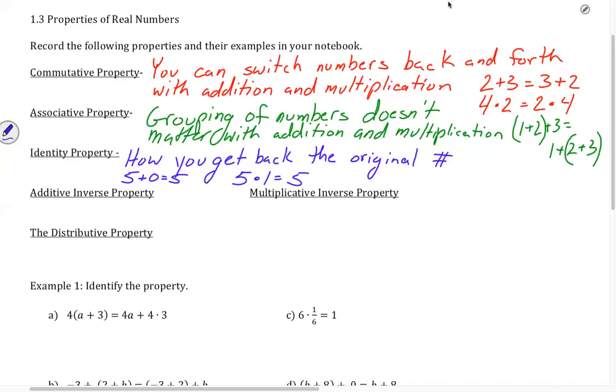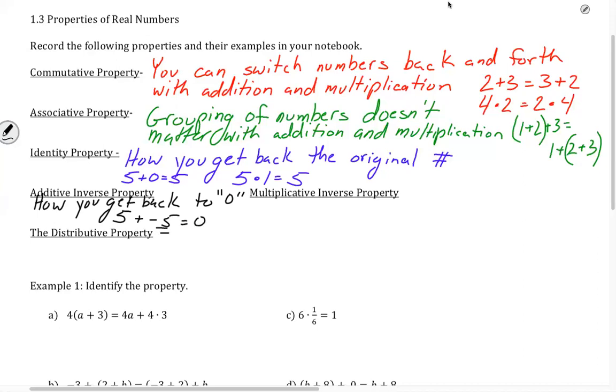So going along with that, the additive inverse is, in essence, or in short, how you get back to 0. Okay? So in my example of 5, the additive inverse would be -5 because it's opposite.